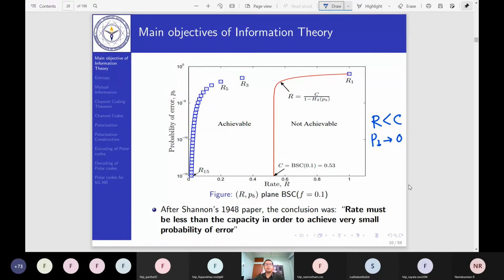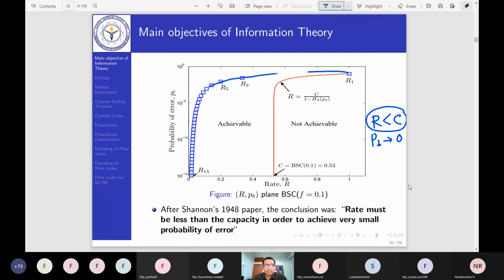It is possible to devise a coding scheme so that the probability of error can be made negligible. The condition is that the rate should be less than a quantity which is specific to the underlying channel, known as the channel capacity.